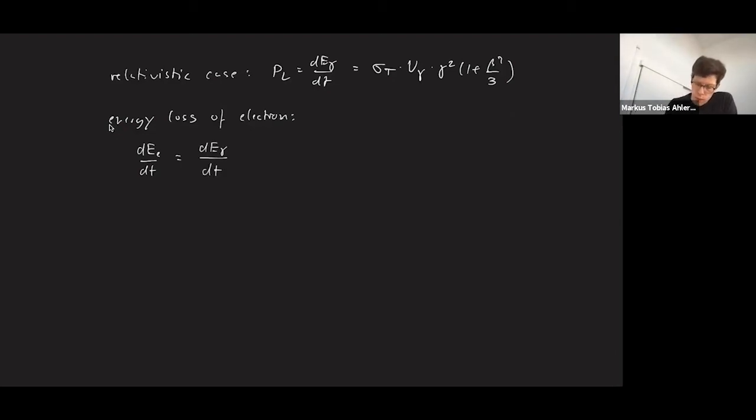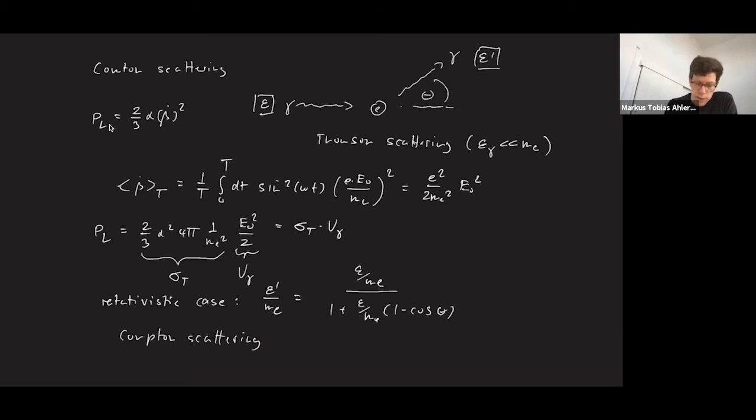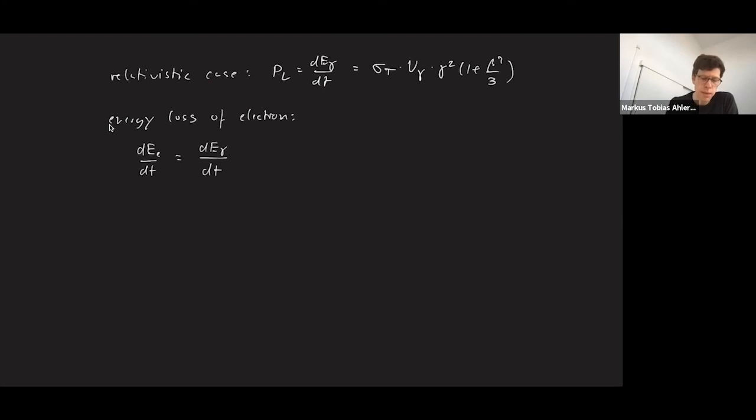But we also have to take into account that the electron at rest will also have this contribution simply from the interactions with the photon. So the total energy loss of the electron is going to be this expression, but we have to correct for the non-relativistic contribution when the electron is at rest.